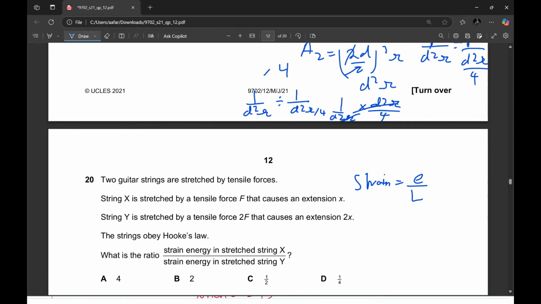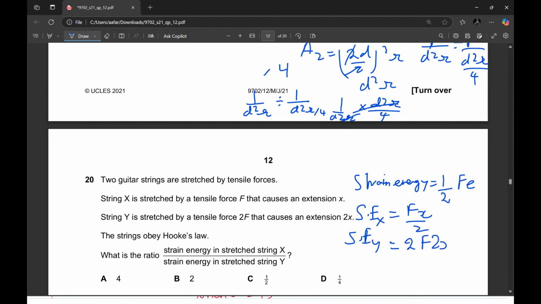Okay, it's talking about strain energy or elastic potential energy. So elastic potential energy is basically half Fe, right? So strain energy of X is equal to Fx over 2, and strain energy of Y is 2F times 2x over 2, which is 2Fx.